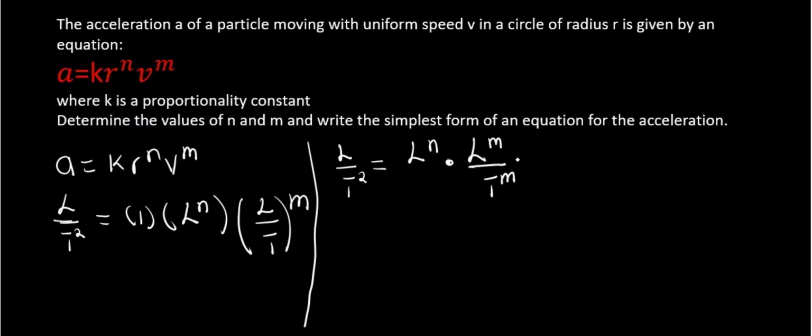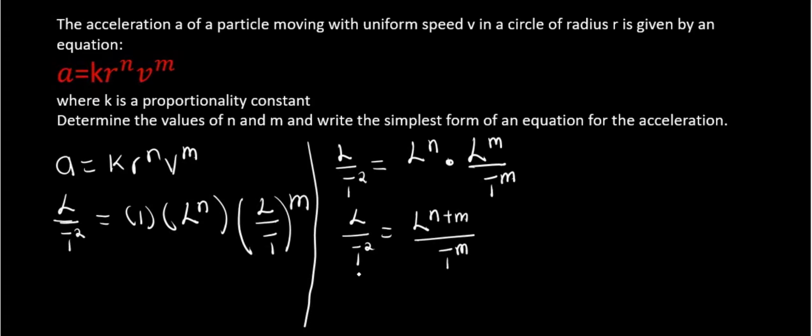If you look into this one, you have L to the power n times L to the power m. The bases are the same. What do you do with the powers? We add the powers. So it will be L to the power n plus m over t to the power m.